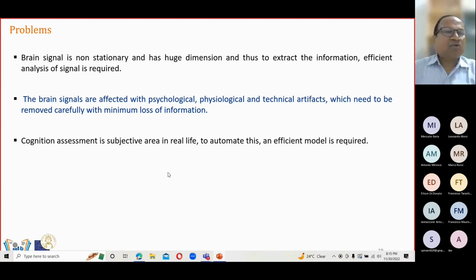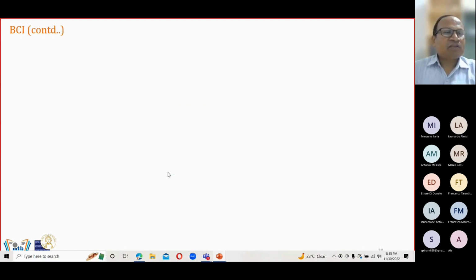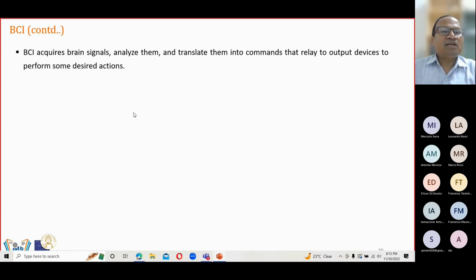So we have discussed the problems. BCI acquires brain signals, we need to analyze these signals and translate them into commands that relay to output devices to perform desired actions. BCI may be invasive, semi-invasive, and non-invasive.